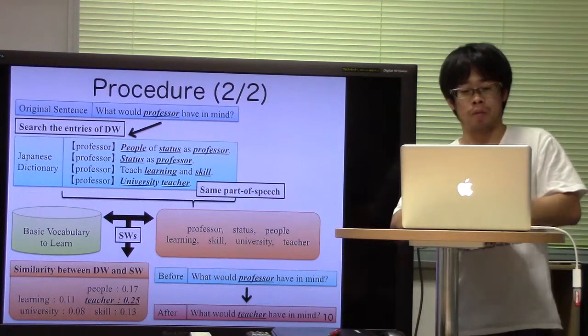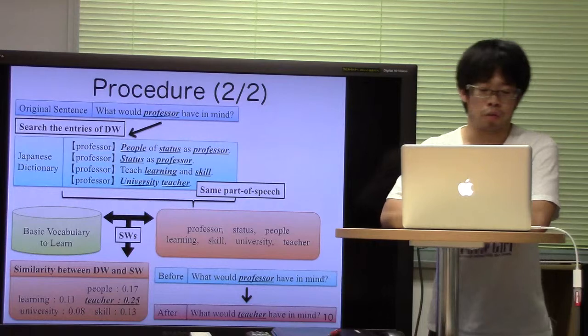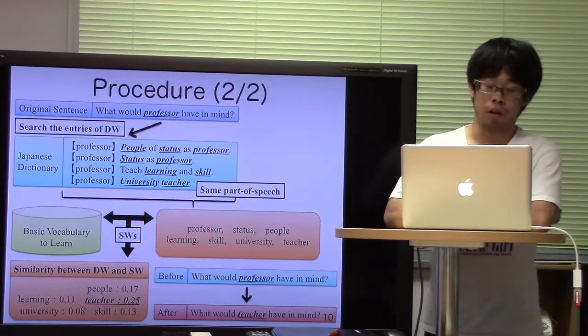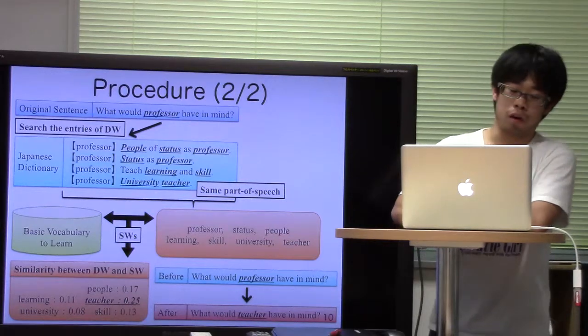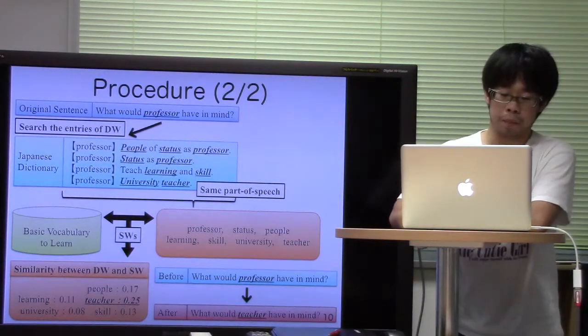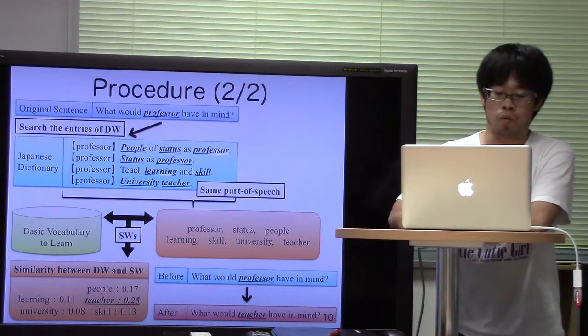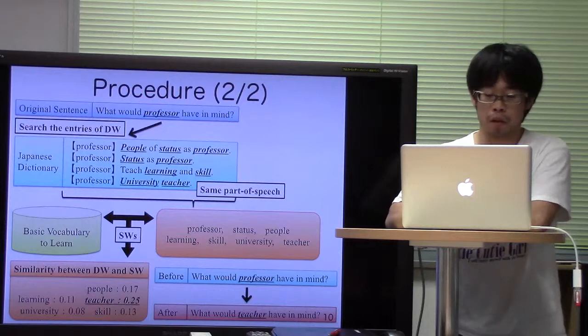I'll explain the experimental procedure. Difficult words are extracted from the original sentence. Difficult words are content words that do not appear in basic vocabulary to learn. The difficult word is looked up in the Japanese dictionary.